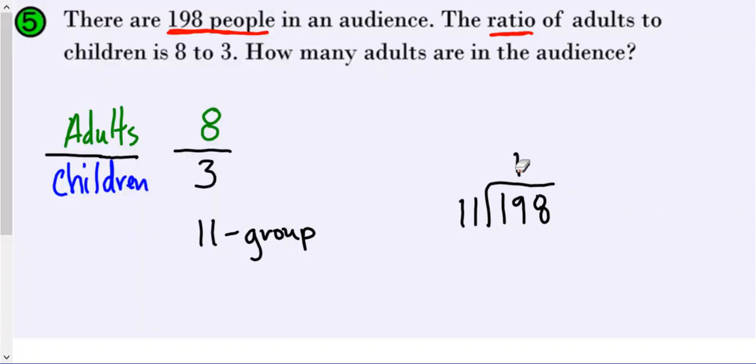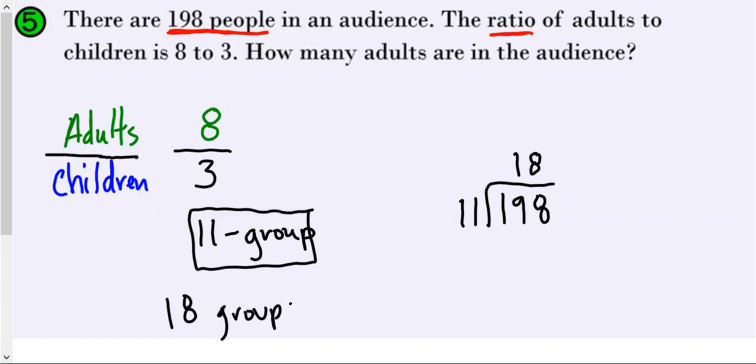So that tells us that in the total number of people, 198, there are going to be 18 groups of 11. So that means that we have to multiply the number of adults and the number of children by 18.